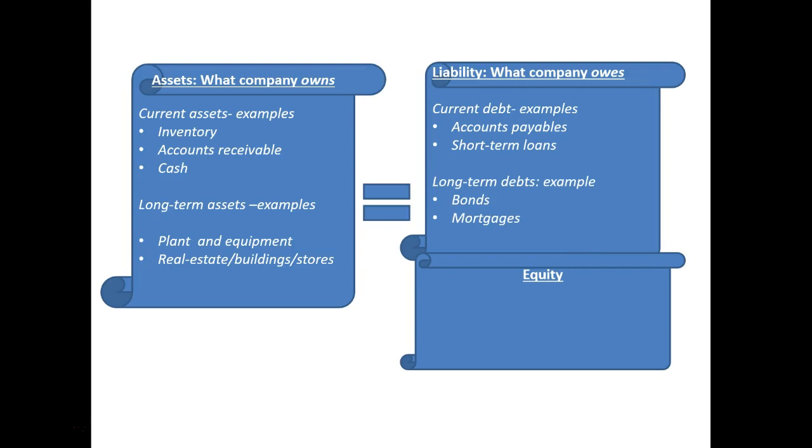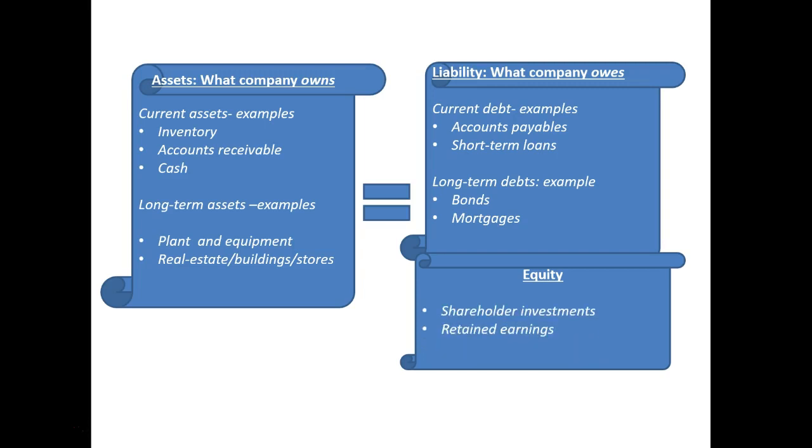Long-term would be the longer term. You've got long-term bonds, or you've got mortgages that go beyond 1 year, could be 5, 10, 15 years. Here you owe the money to the lender. In the interim, you'll be paying the interest, which you will find, obviously, in the income statement, where you will see a line item called interest expense if you have debt. I'll talk about the income statement after this balance sheet conversation.